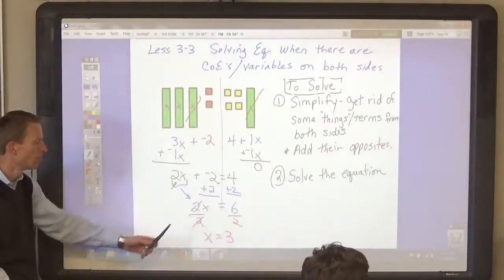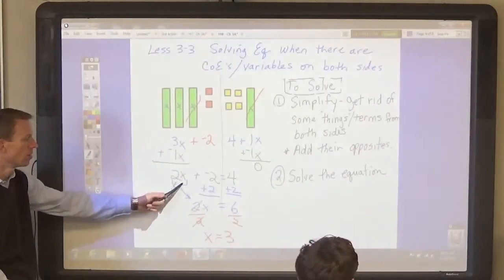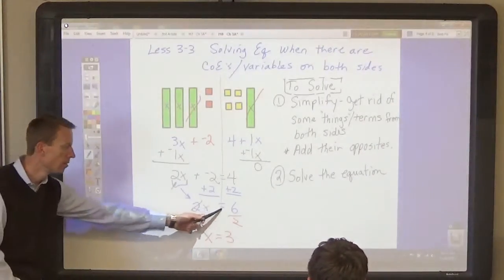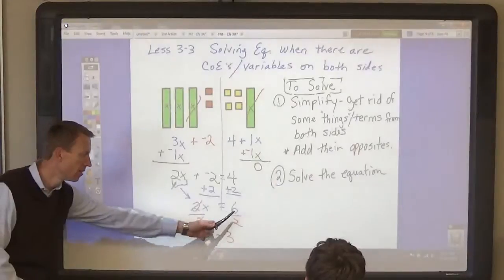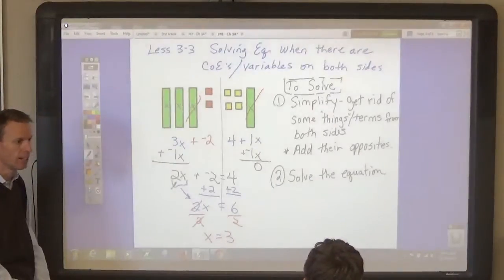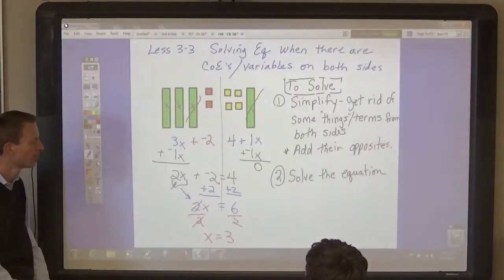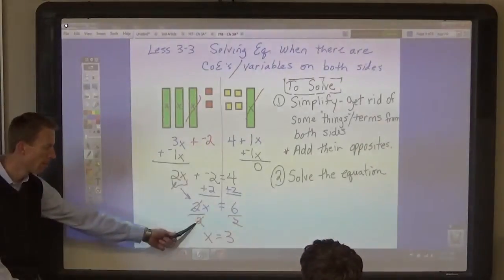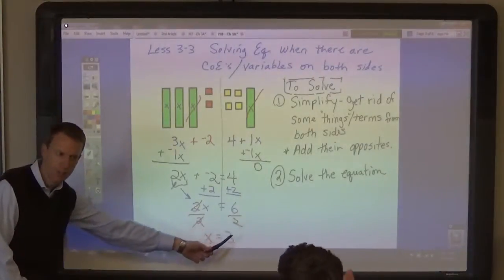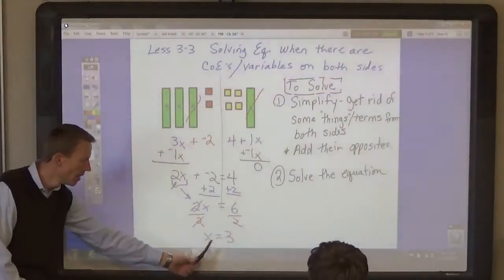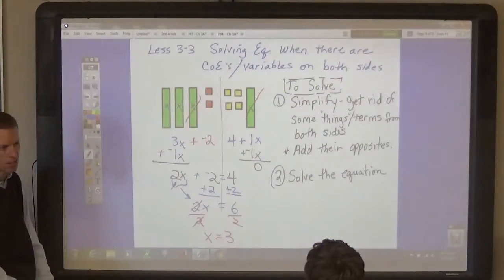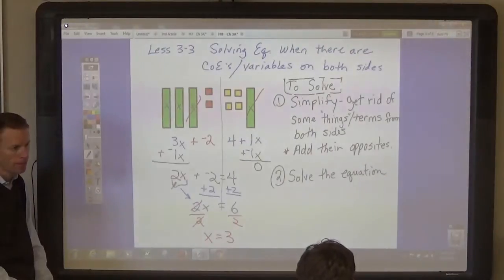We have 2x on the left side and 6 on the right side. Now solve it for x. Divided by 2, divided by 2, and x equals 3. Okay?